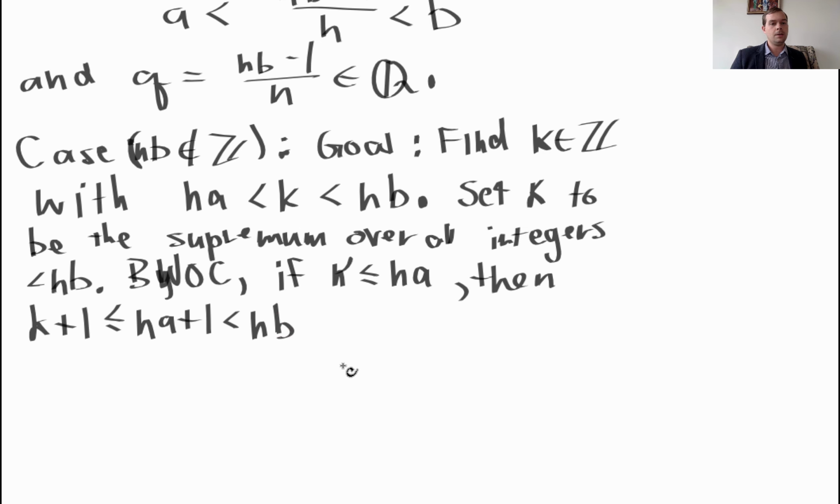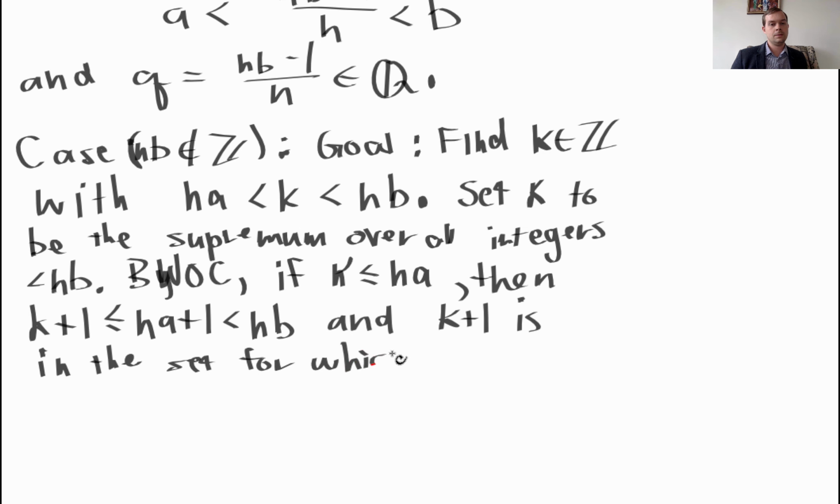And therefore, we have that k plus 1 is in the set for which k is a supremum, but of course k plus 1 is greater than k, and so we've contradicted the fact that k is an upper bound of this set.